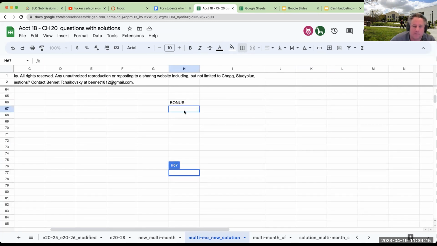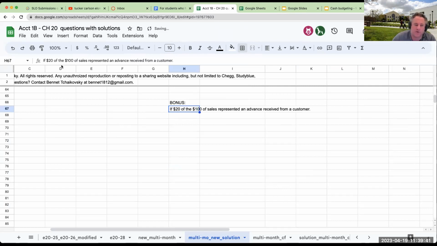If 20,000 of the 100,000 of sales represented an advance received from a customer. So 20 of the 100 represented an advance received from the customer.